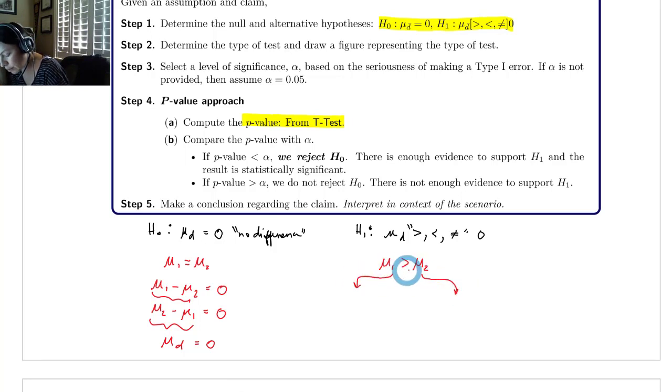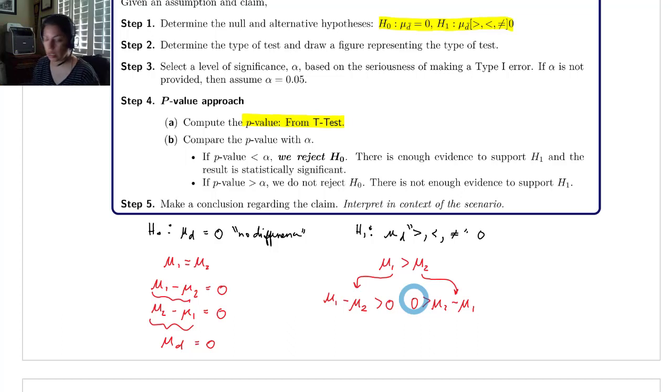So I either can subtract mu sub 2 over to the left, and I get mu sub 1 minus mu sub 2 greater than 0. Then I have the case where I'm like, no, I'm going to move mu sub 1 over to the right and get mu sub 2 minus mu sub 1, and that stays like that, right? And then 0 on the left side.